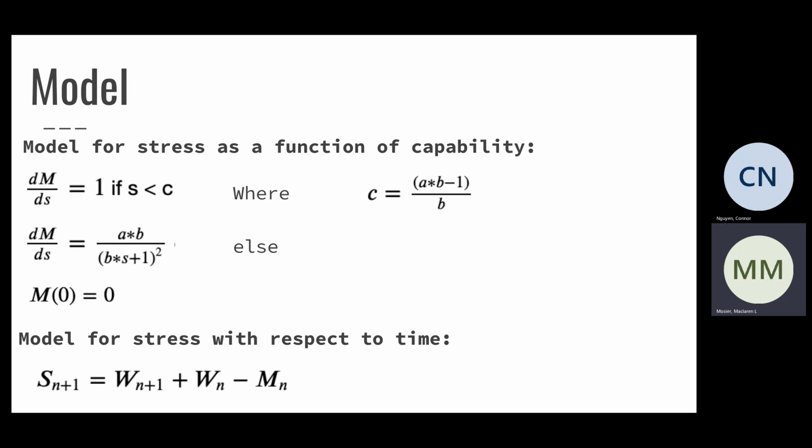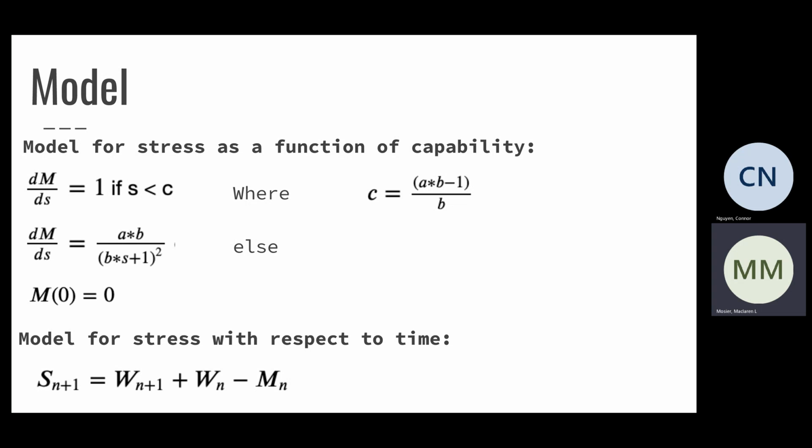We have come up with the following model because it gives us some of the desired properties stated in the assumptions. First, the rate of the capability with respect to stress is 1, because at some point, if you add more work, it wouldn't affect your capability of finishing the work.